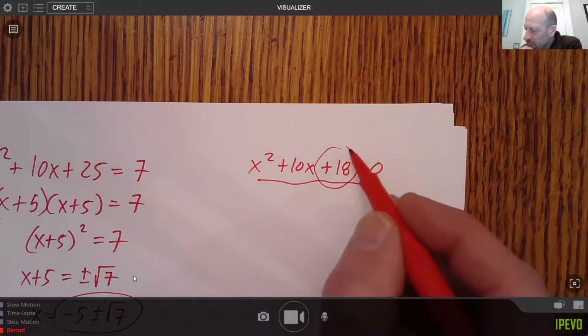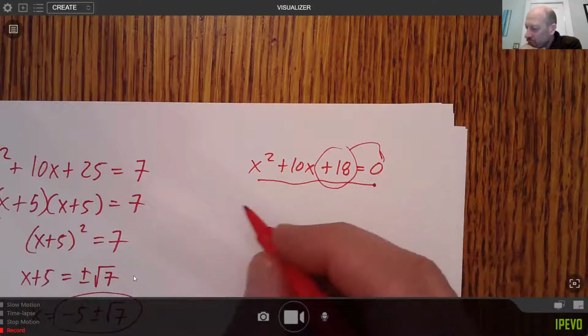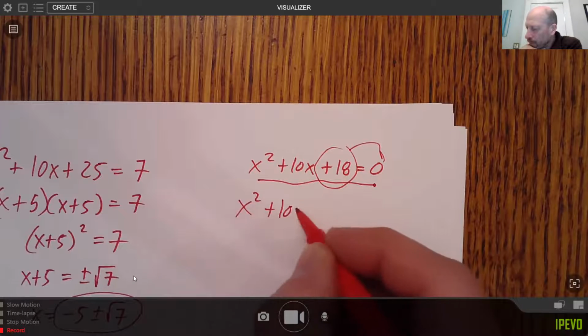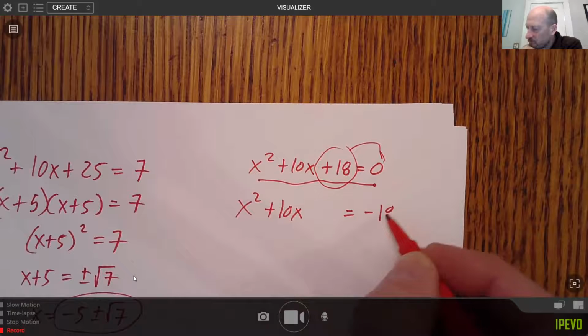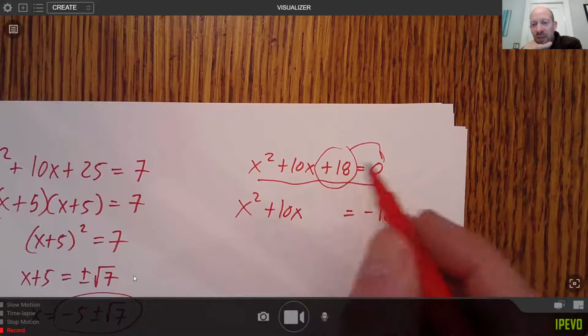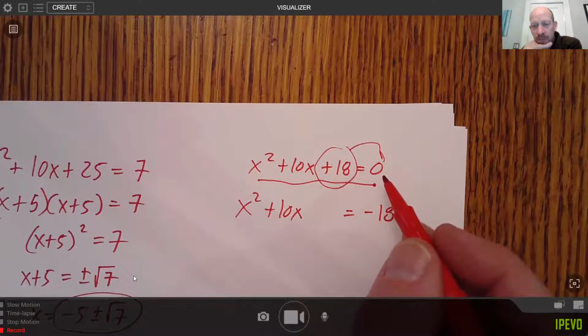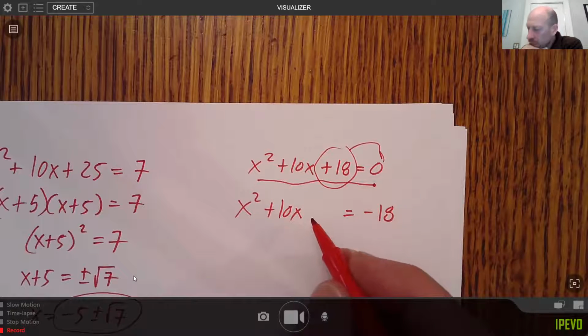Well, if we were feeling very clever here, I could move this 18 over to the other side. And then I could just add something here.